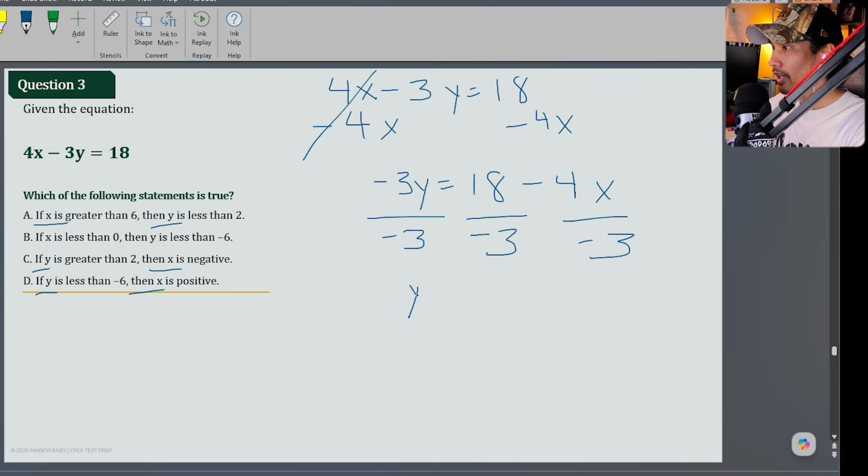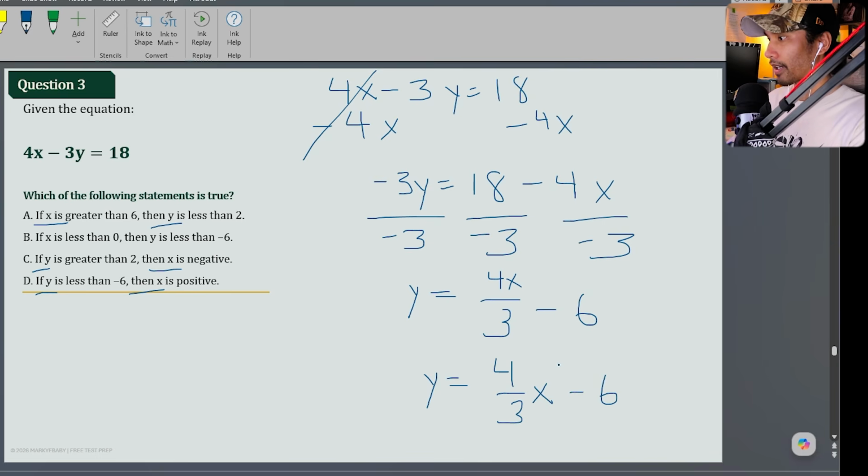So that gives me y equals 4 over 3 x, and what is 18 divided by 3? That is 6. I cannot forget this x, and it was negative 6. So I'm left with y equals 4x over 3 minus 6. We have our equation, and I'm just going to write it neater: y equals 4 over 3 x minus 6. So I can start plugging in numbers.